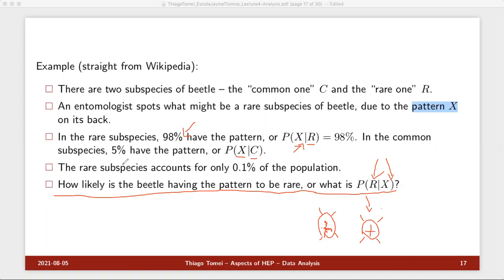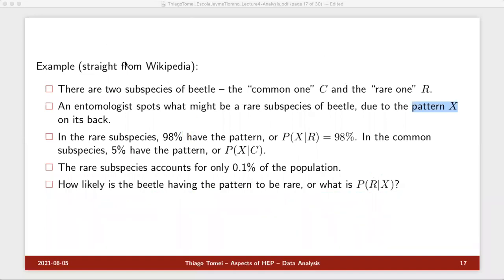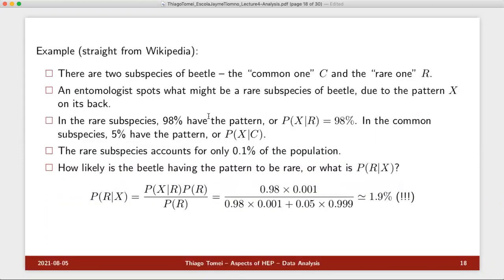Only 5% of the common beetles have the pattern. Almost all of the rare beetles have the pattern. And this beetle that I have here on my hand, it shows the pattern. What are the chances? Well, the answer to what are the chances is exactly what Bayes' theorem gives to us.